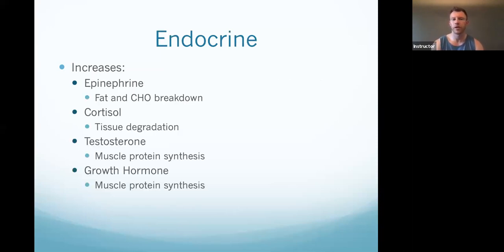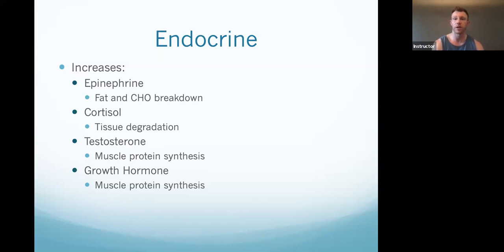Again, with endocrine, epinephrine is going to increase. That helps with fat breakdown and carbohydrate breakdown. That's good, especially if we want fat broken down so it can eventually be used as an energy source and we're not storing it. That might help lead to fat loss. Cortisol, again, is catabolic. So it's a breakdown hormone, or excuse me, endocrine system. That's going to lead to some tissue degradation.